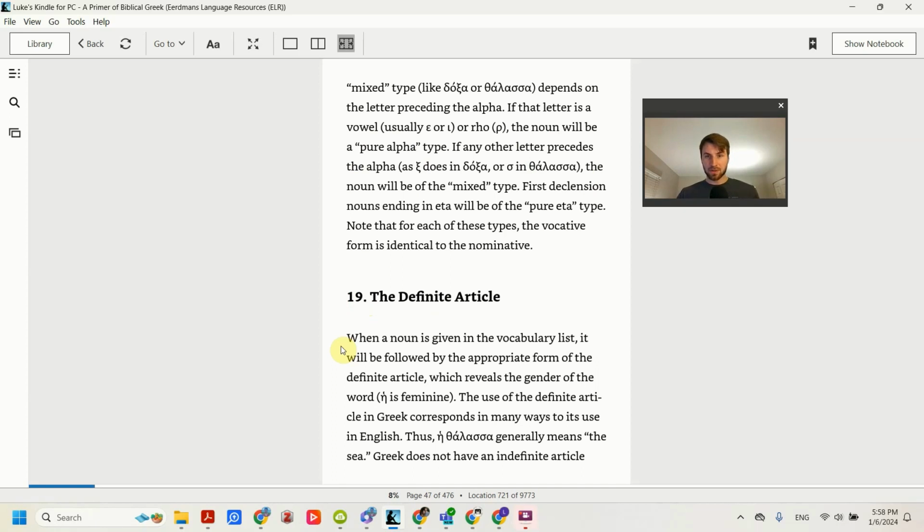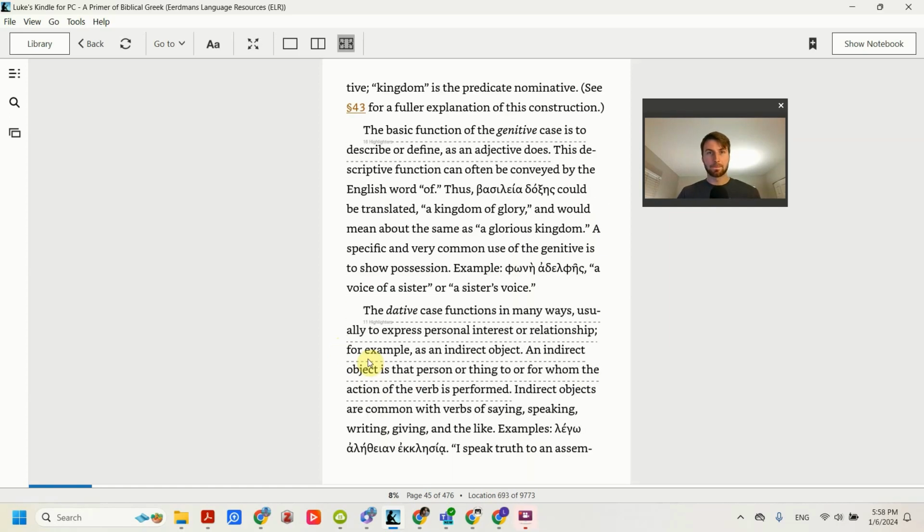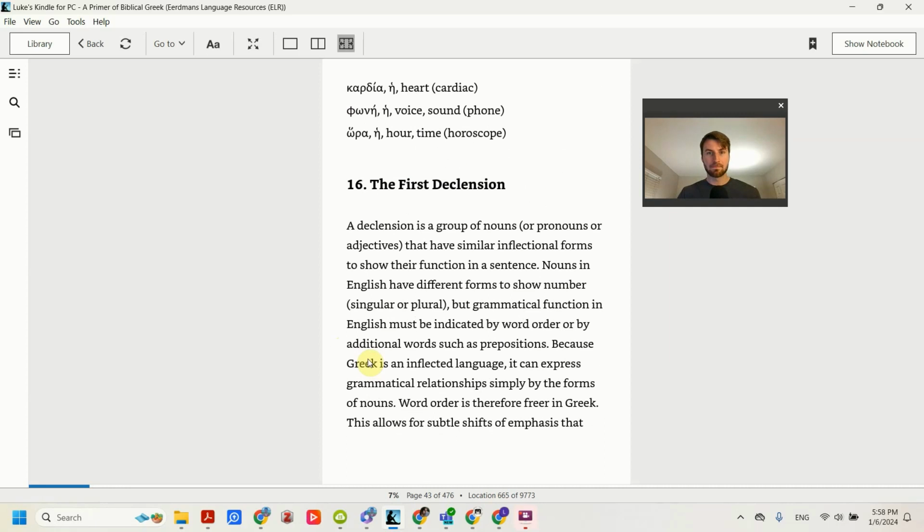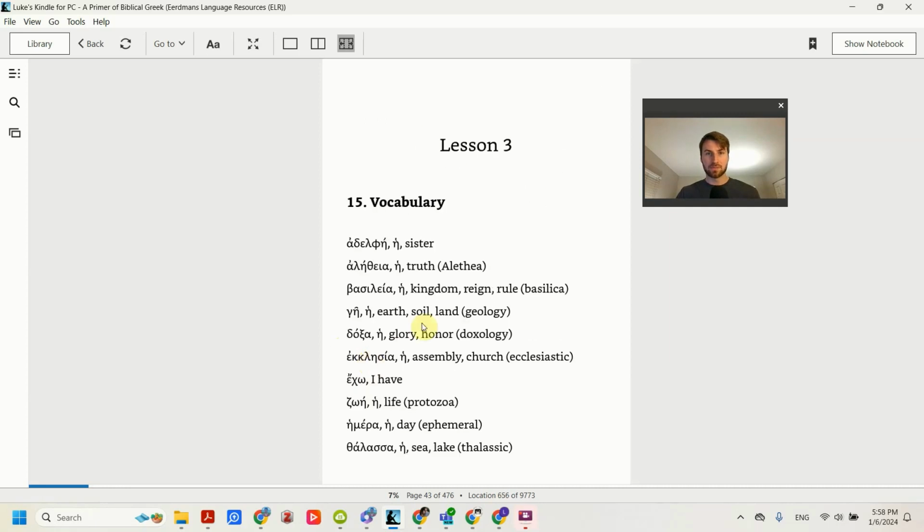So there's a little blurb here on the definite article. This is just pointing out that in your vocab, so going back to the top, it says adelphe, and that has the article right after it. That article tells you the gender of the word. So this tells you that these are all feminine gender. We'll get into masculine with the second declension.